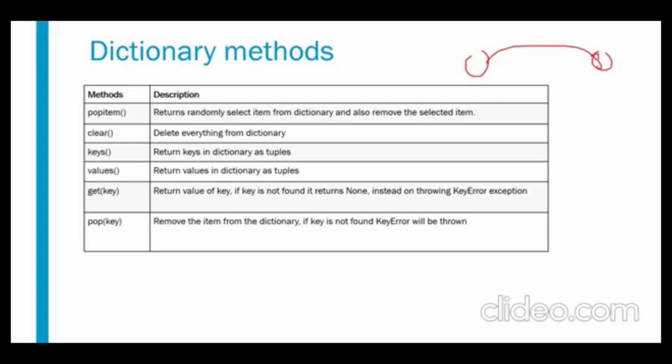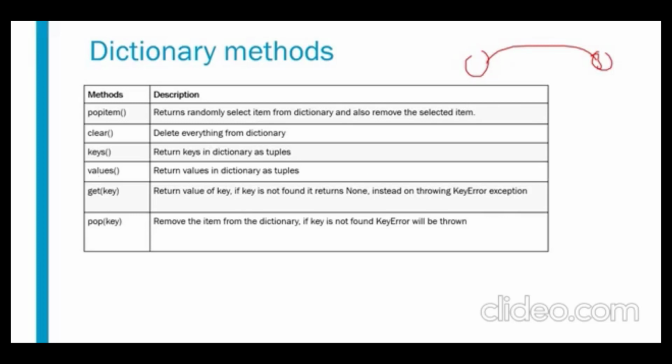And then the clear method. It deletes everything from the dictionary, so all the elements will be deleted. That's the clear method. Then keys, which returns the keys in the dictionary as tuples. Every key will be written. And values returns the values in the dictionary as tuples. Again, all the values will be written. Okay.